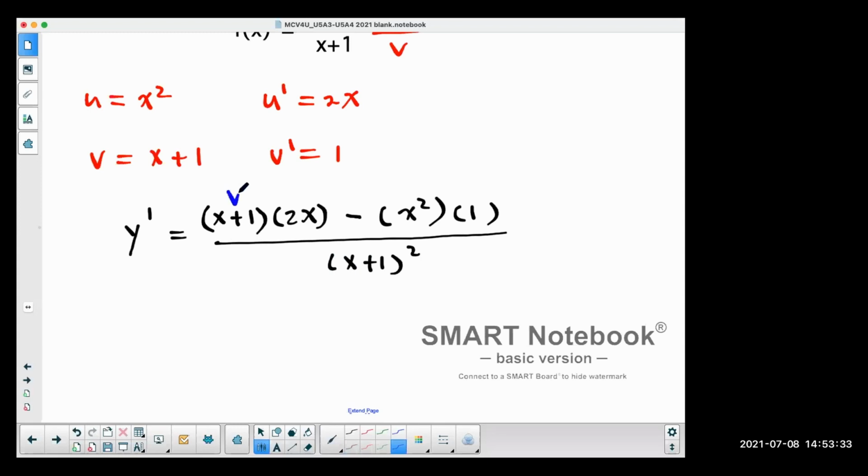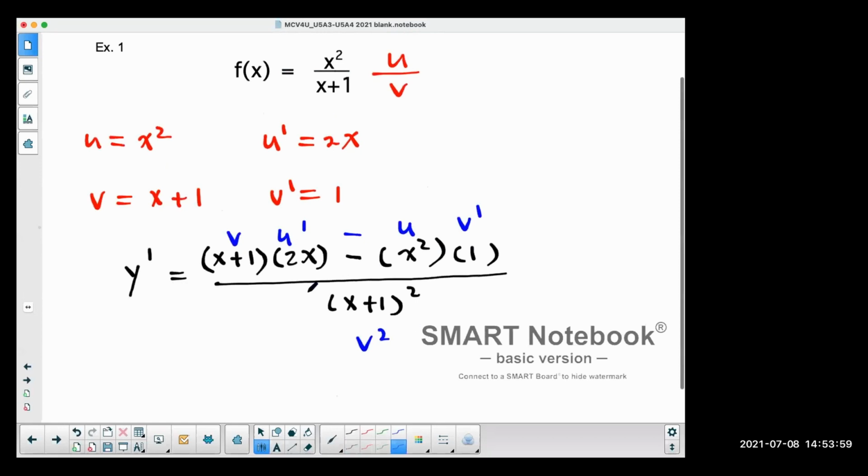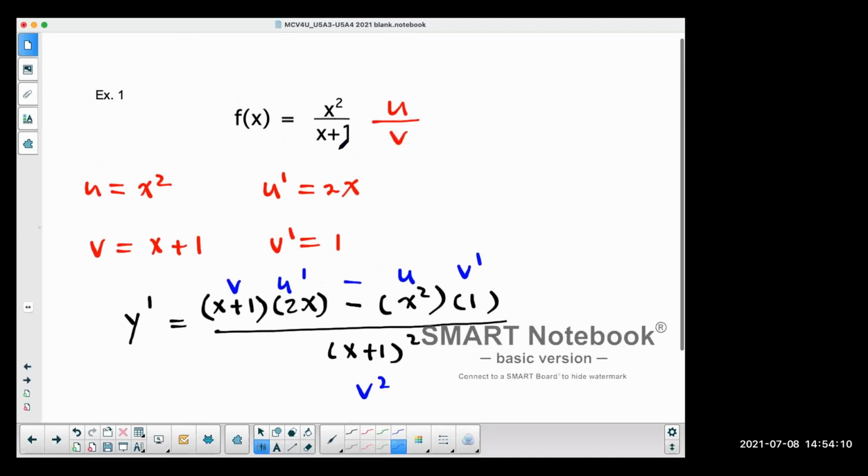Okay. v u prime minus u v prime over v squared. Bottom times the derivative of the top minus the top times derivative of the bottom, all divided by bottom squared. Okay. I'm not worried about the simplification here because that's relatively easy to do, right? 2x squared plus 2x minus x squared, you can simplify that. I just want to practice more of the quotient.